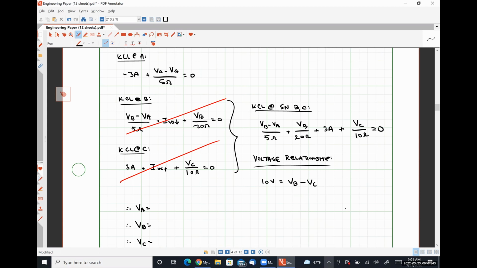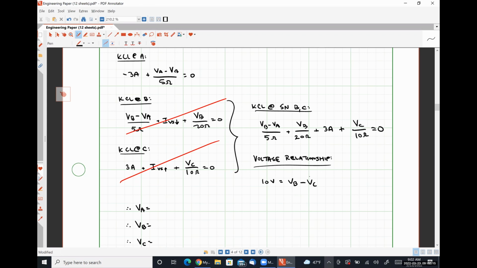In our second equation, we have -1/5 VA, 1/5 plus 1/20 VB, 1/10 VC, and our constant term is -3 amps. And in our third equation, we have no VA, 1 VB, -1 VC, and this is equal to 10 volts.